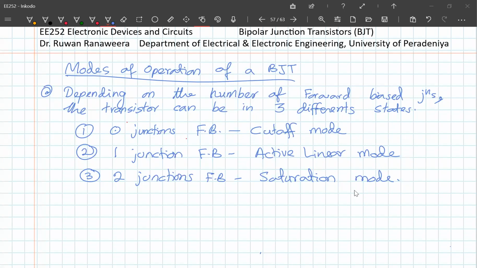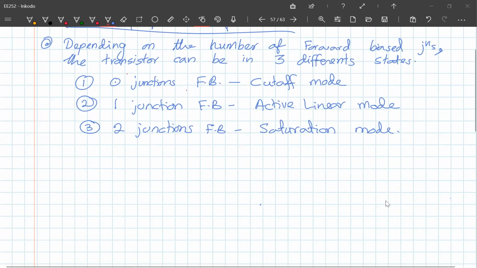And then we also talked about the case where you have both the junctions forward biased. We call this the saturation mode, and we mentioned that saturation typically depends on the external circuit, but not on the transistor itself. So saturation is a property of the circuit, the power supply and the external resistors, the load. Right? So this is what we are going to start talking about today.